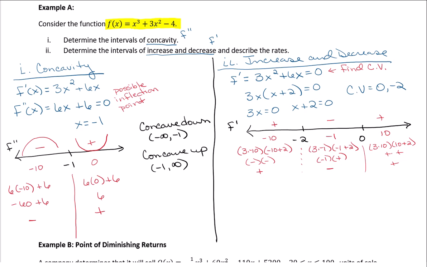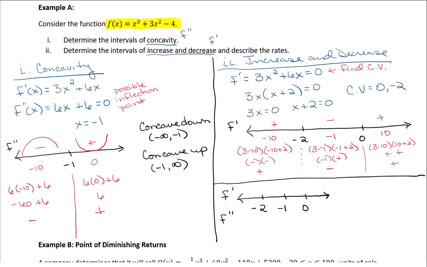So we are going to compare both number lines from part 1 and part 2. Using all of our critical values and possible inflection values from the first derivative and the second derivative, we're going to label the first derivative on top, and we're going to label the second derivative on the bottom.